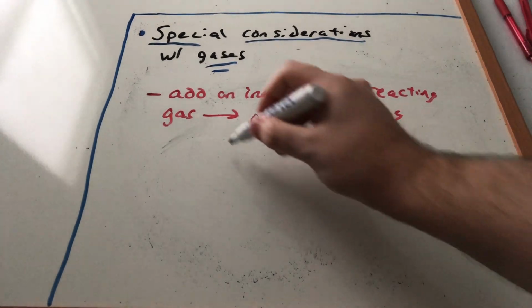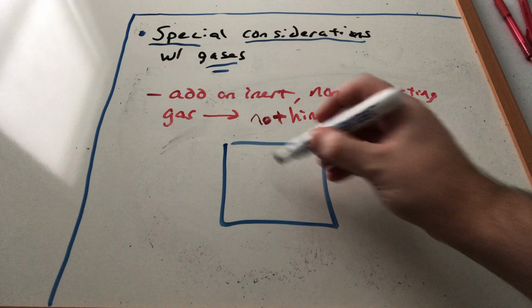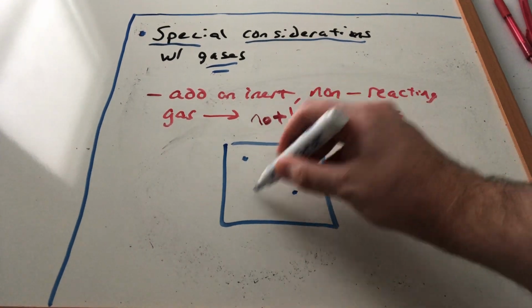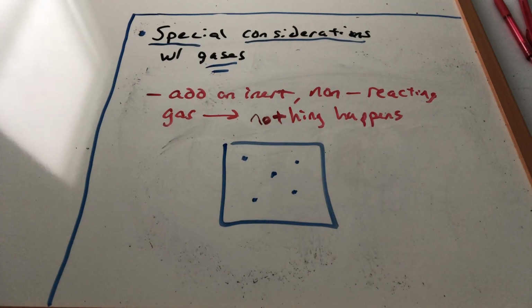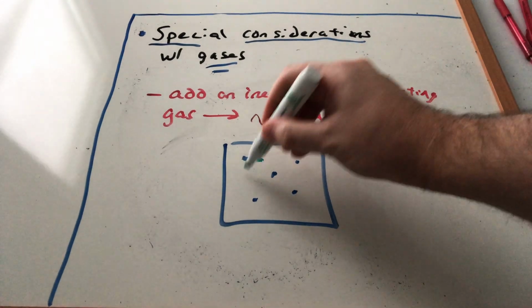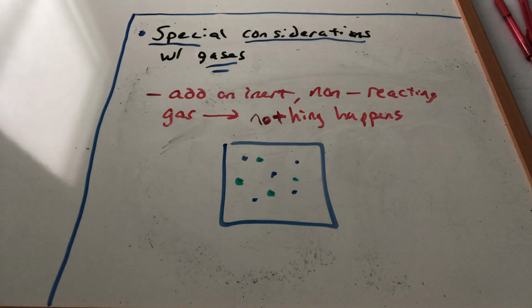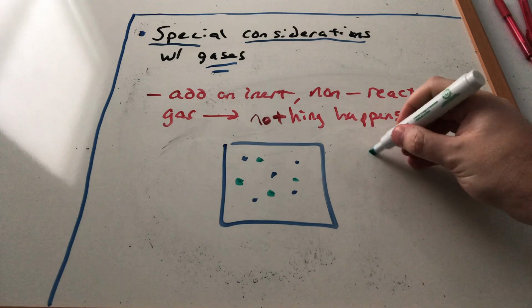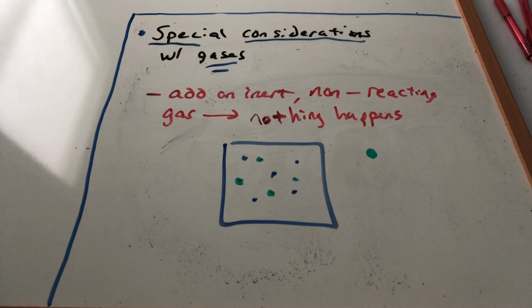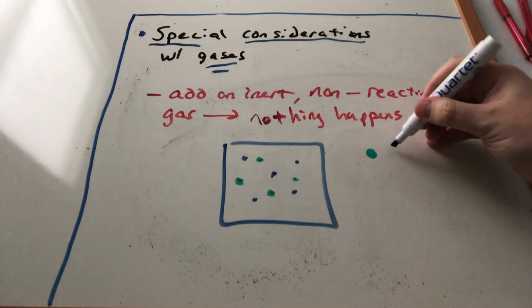So if I look at a container and I think about these blue gas particles in a reaction with these green gas particles, and the blue and the green are in some sort of equilibrium with each other.